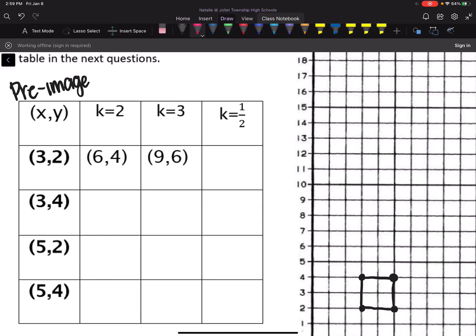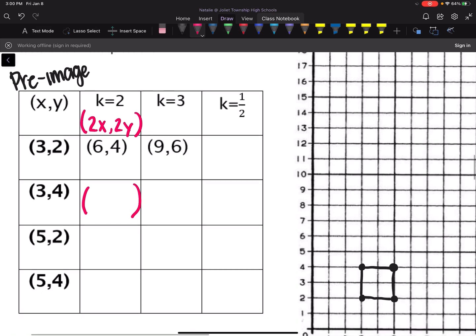So in this specific example, we're going to take those x and y coordinates of our ordered pair and multiply each of those by 2. That first value in your chart is filled out for you. That's how I got the (6, 4), by taking 3 times 2 to get 6 and 2 times 2 to get 4.